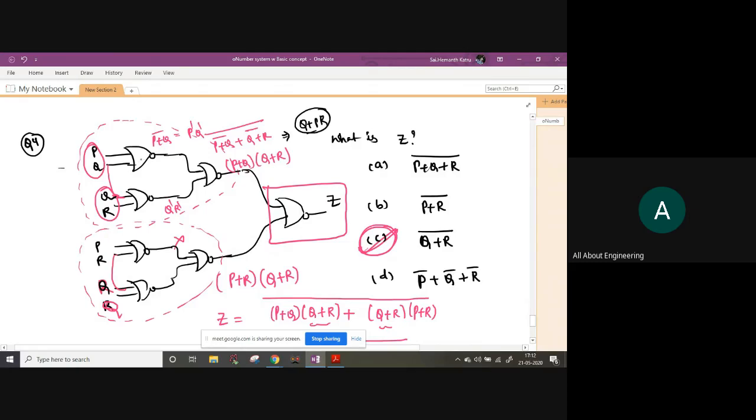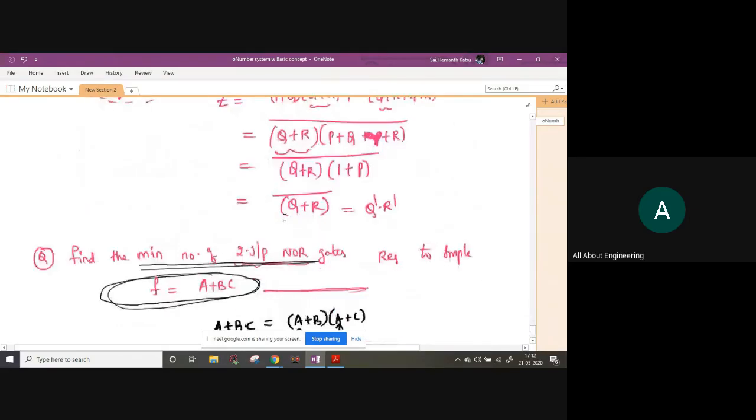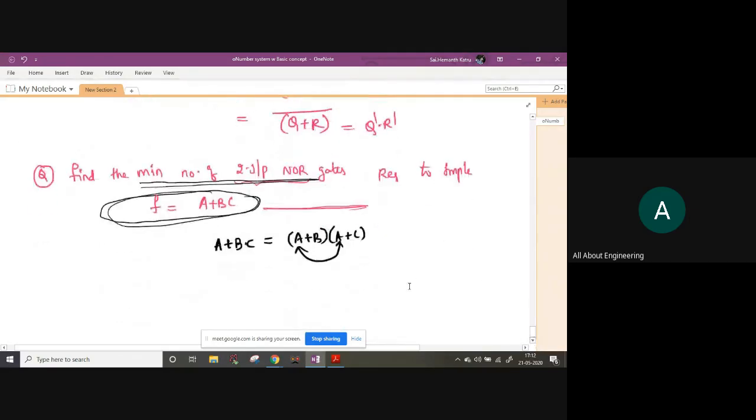These 3 are NOR gates, so you require 3 NOR gates. Simply, if you recollect the previous question, you can answer this question. As simple as that. But let me write that for you.